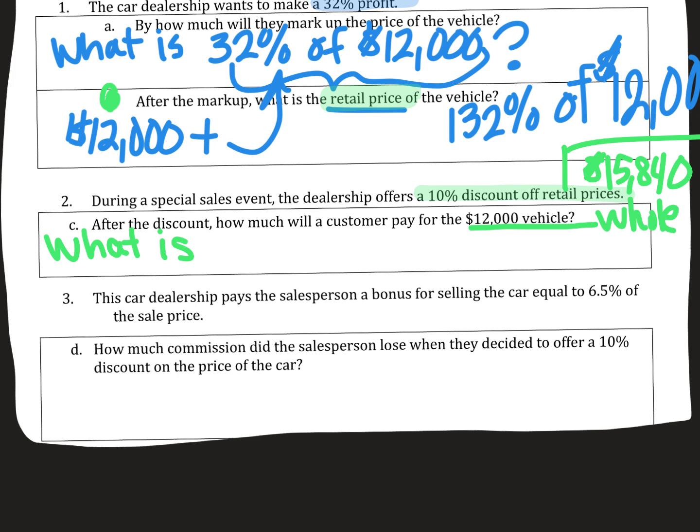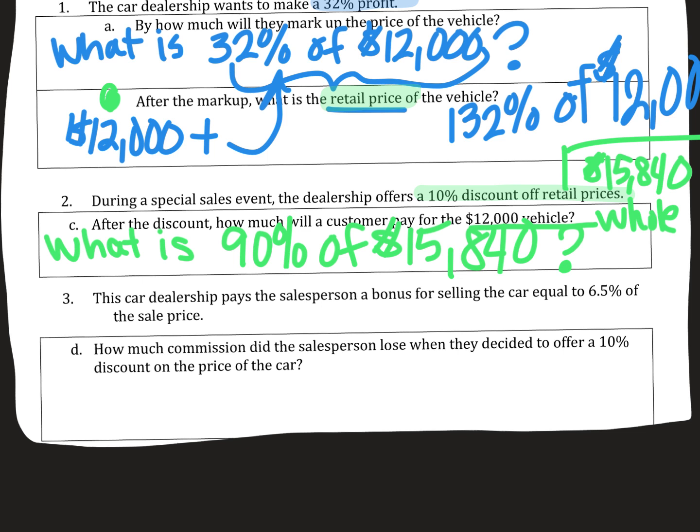What is 90% of 15,840? Do you see what I did there? The 15,840 is the 100%. I need to take off 10%. That's 90%. Remember, we did this before. So go ahead and show me your equation or your proportion and what that new price is going to be for that special sales event.